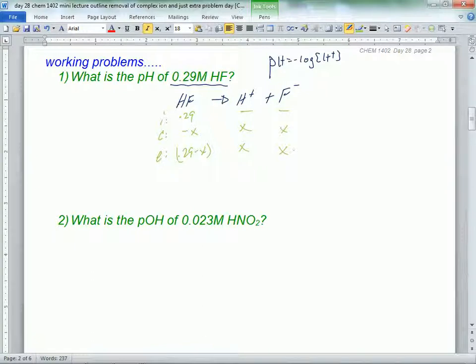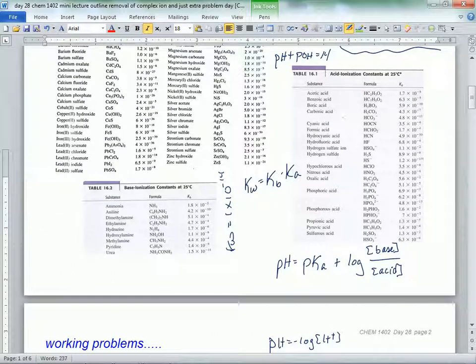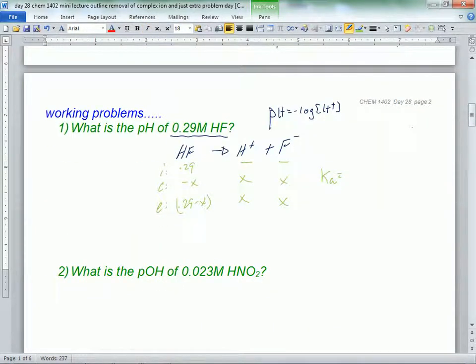All right, so we need to look up the Ka for HF, and that Ka is 6.8 times 10 to the negative 4. That would be approximately x squared all over 0.29, right?